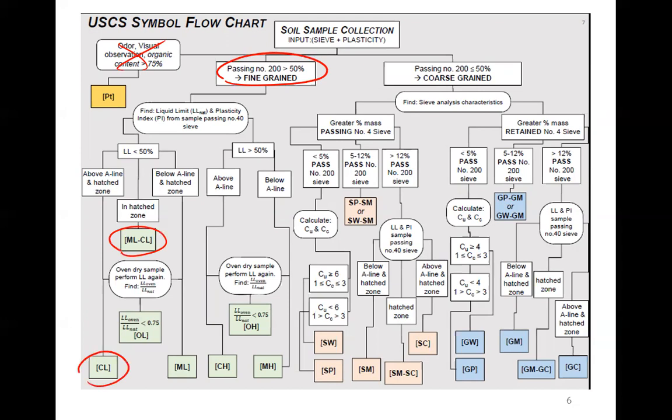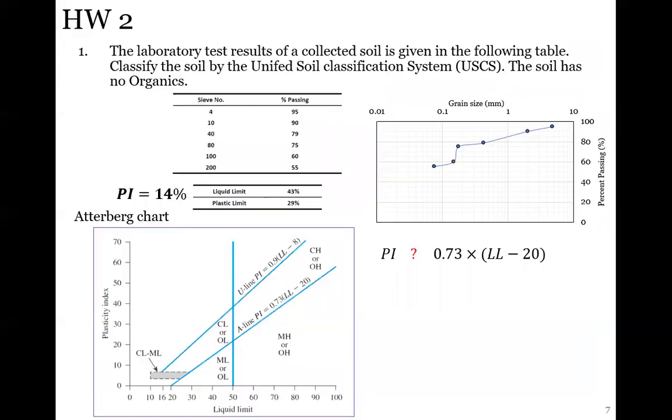So it would be one of these options. And what we need to do is look at the Casagrande chart. The Casagrande chart would always be provided to you on the test, so you don't need to memorize that. It's a function of plasticity index, so PI on the y-axis, and then liquid limit on the x-axis.